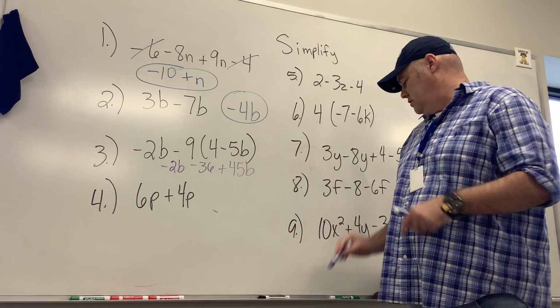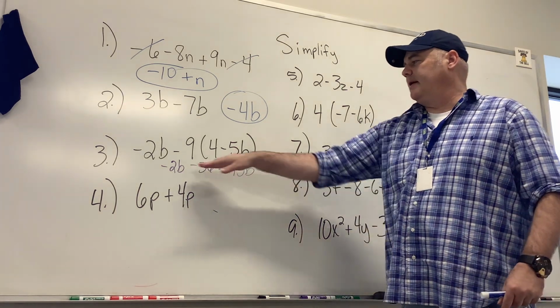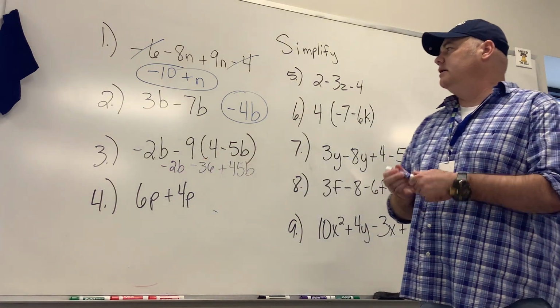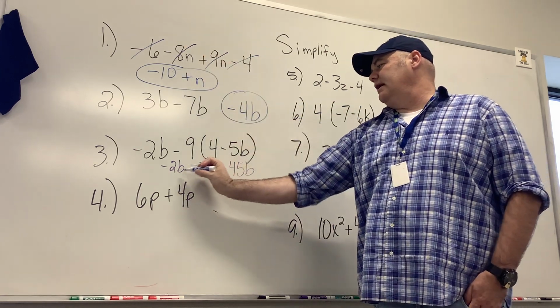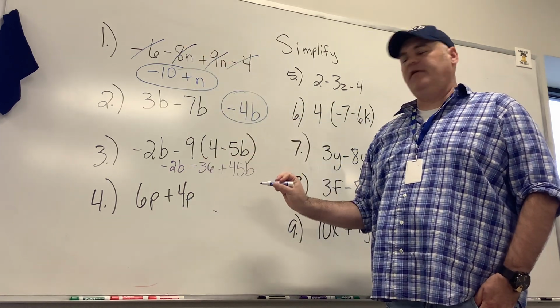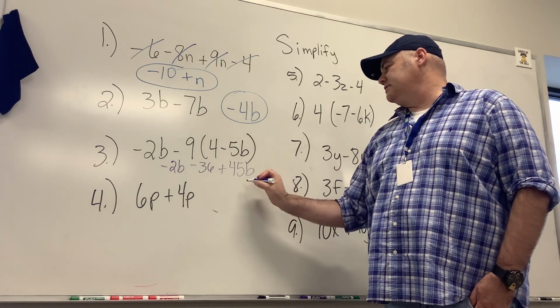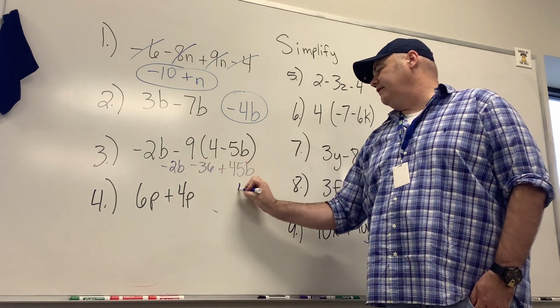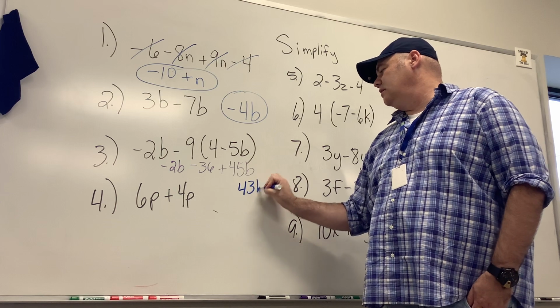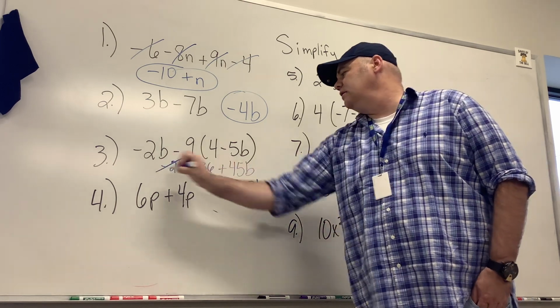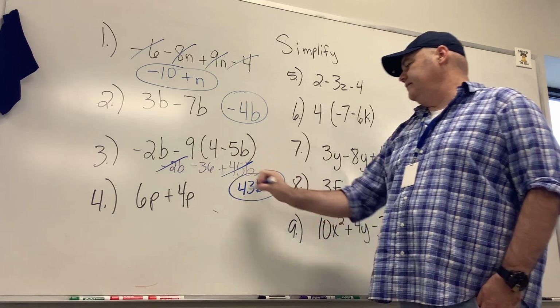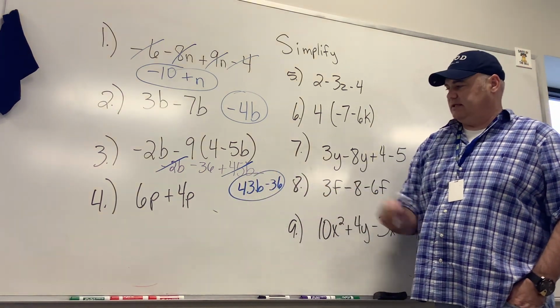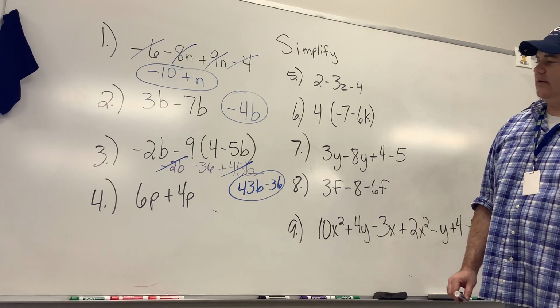Then you look and see, can I combine any of these? I can combine, I should have crossed these out, sorry. I can combine the -2b plus 45b, which becomes -2 plus 45 becomes 43b. And then you still got your -36. Okay? And that's a b and that's a 6, because they look a lot alike with my handwriting.